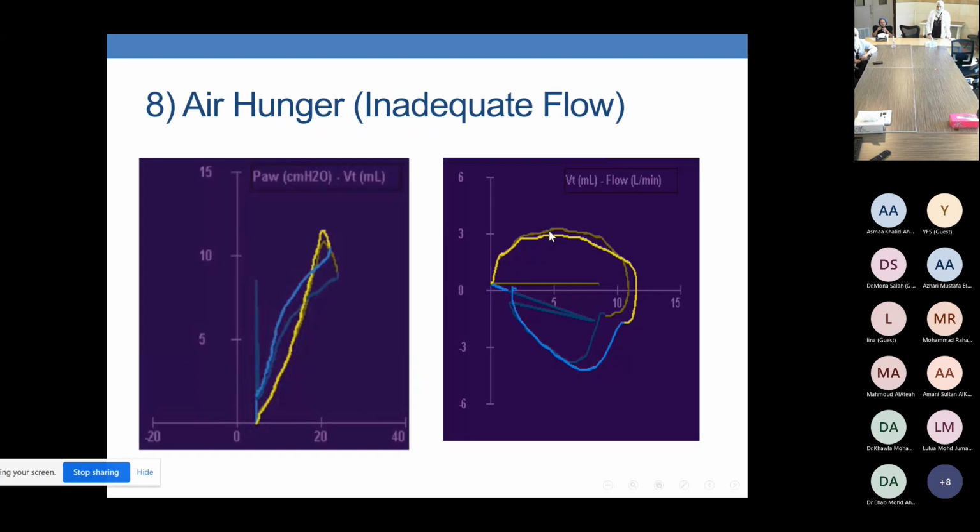Now, what is this? This is air hunger. If you put the baby on SIMV at a rate of 10, and you don't put PSV, what will happen? The baby will breathe against the ET tube, as if you are suffocating the baby. The baby will have air hunger. He is not happy.